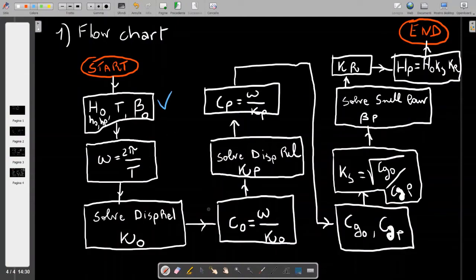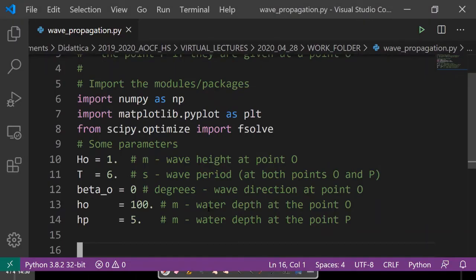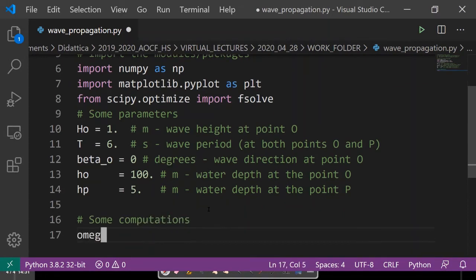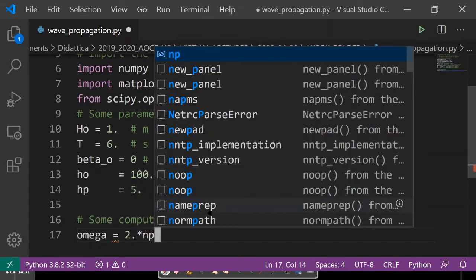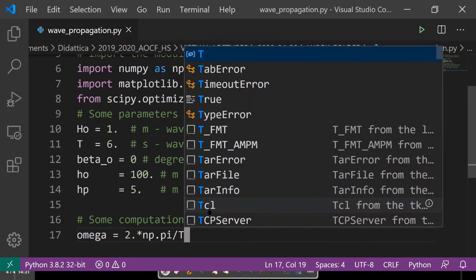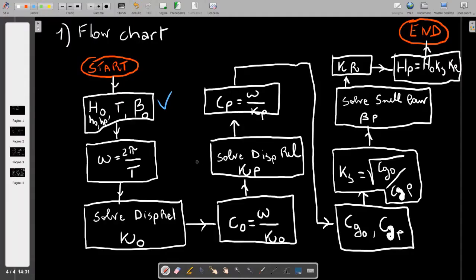Then we need to compute omega. Some computations. Omega is equal to 2 times pi over T. So we have done also this one.